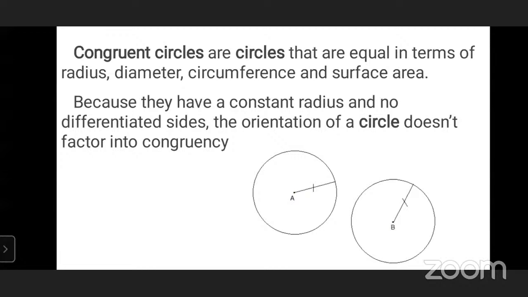When we have 2 congruent circles, every part of this circle, like the radius, the diameter, or the surface area, is equal in the congruent circles.